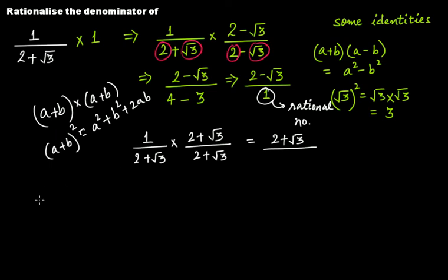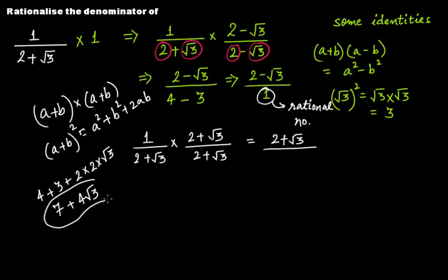In that case, this would be 4 plus root 3 squared means 3 plus 2 multiplied by 2 multiplied by root 3. So this would become 7 plus 4 root 3.